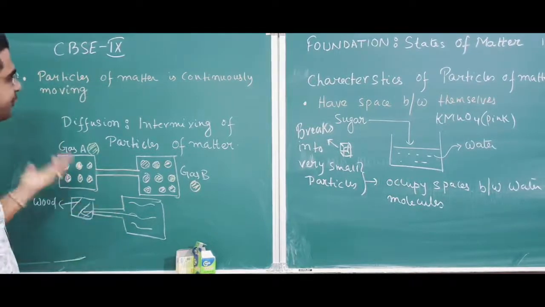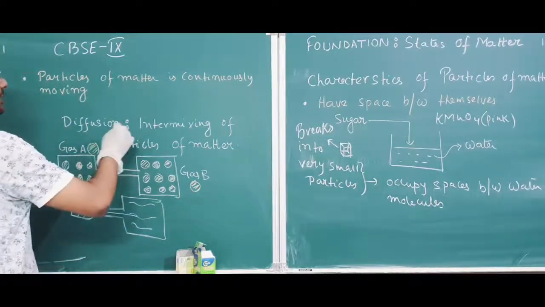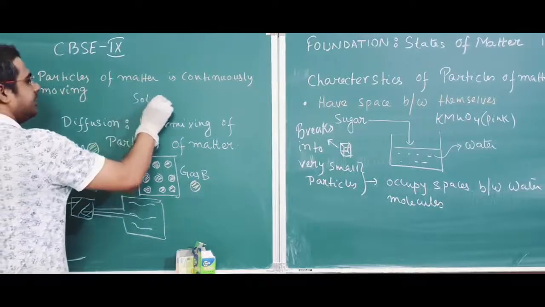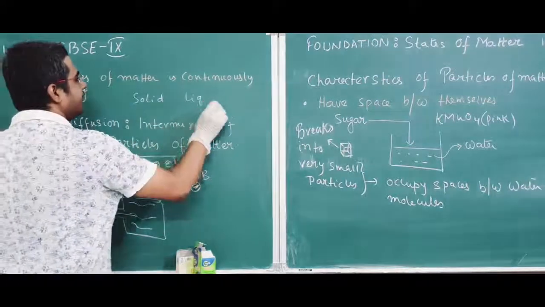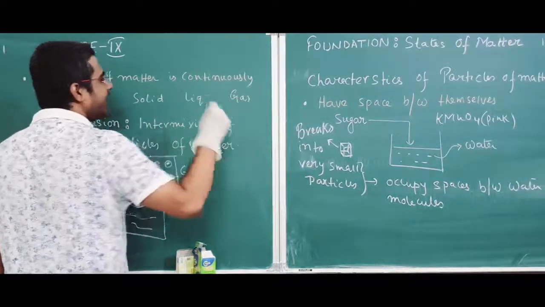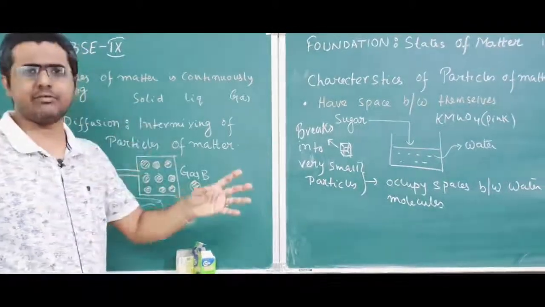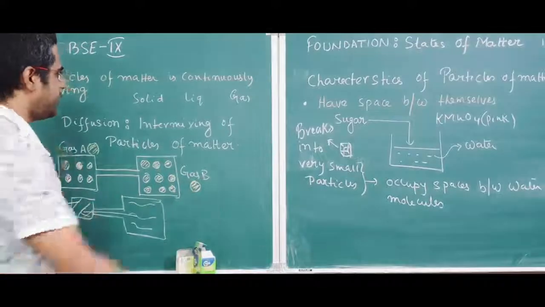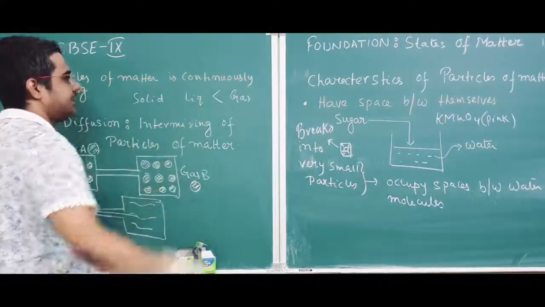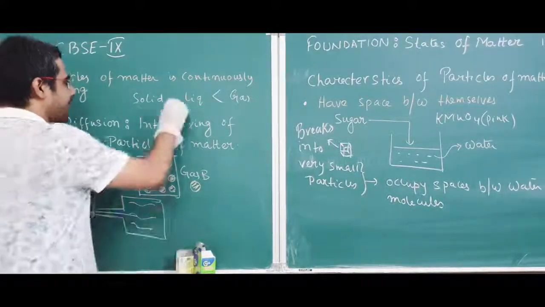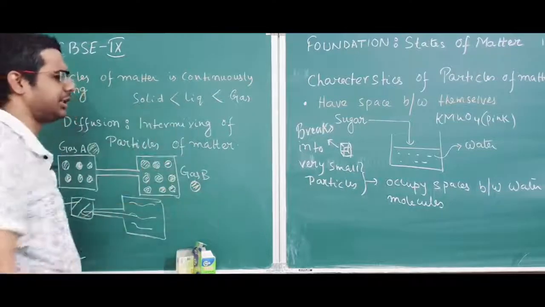If you consider the three states of matter, solid, liquid and gas, who has got the most amount of freedom? Definitely gas. It's allowed to go anywhere, everywhere it wants. So diffusion is highest in the case of gas, then liquid, then solid. Solids almost don't diffuse.